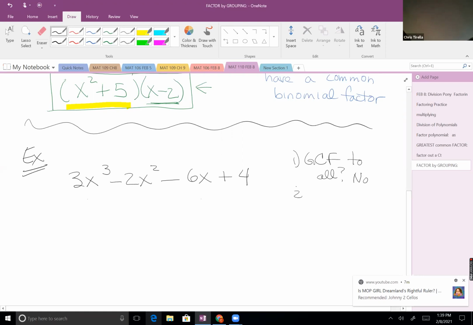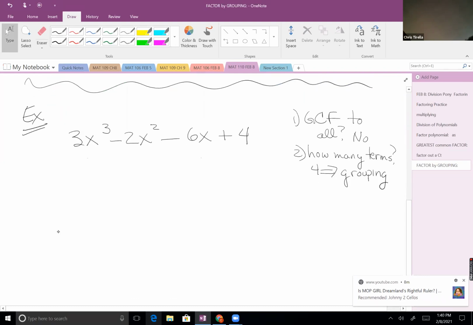No. So then I always ask myself, how many terms? And when it's 4, I go to my grouping. To do my grouping, I'm going to split this in half. And so now I took that one big bad factoring problem and turned it into 2 smaller factoring problems.